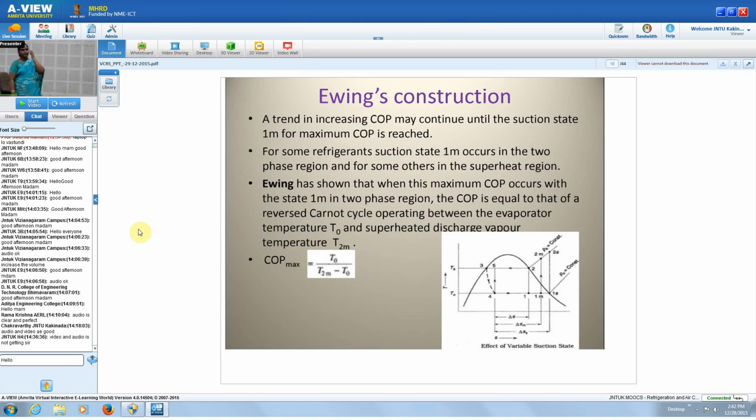So the same thing is given in terms of wording here. If at the suction of the compressor the state is 1m, which is in the two-phase region, that is the wet state, and some others in the superheated region, it may even be beyond 1s also. Beyond 1s also, the suction will take place to the compressor, but that will increase the work input to the compressor.